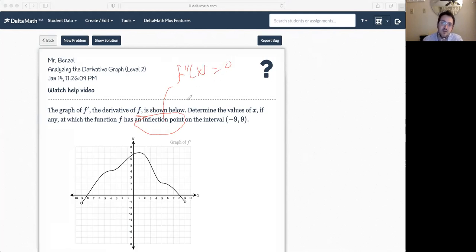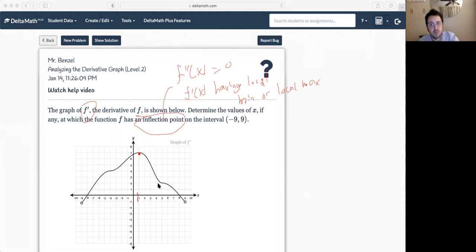And this is where we're going to be looking for our f prime of x having a local min or local max. And there's one such point there. So, still having the graph of f prime, right at 1 is where that is occurring.